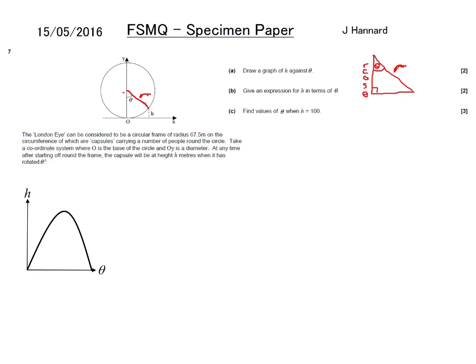So that means that the height, which is this, must be this full r minus your r cos theta. So h will equal r minus r cos theta.